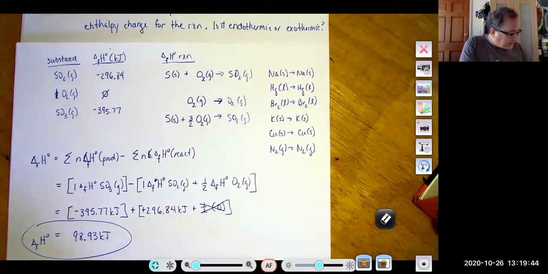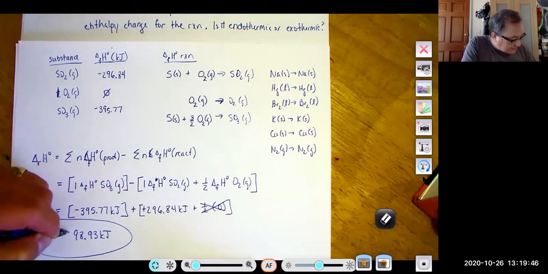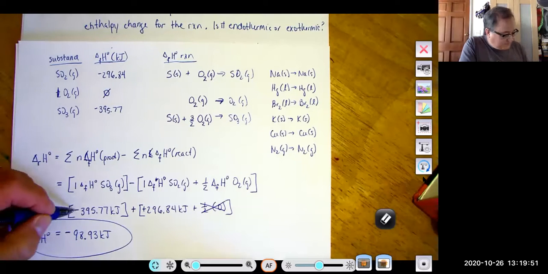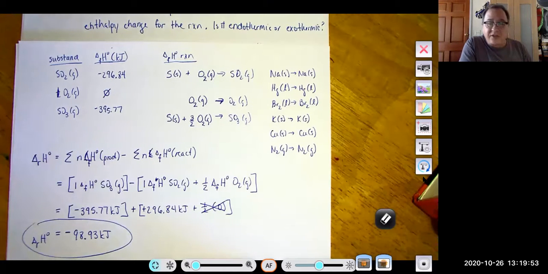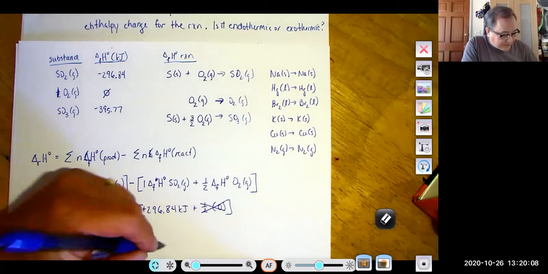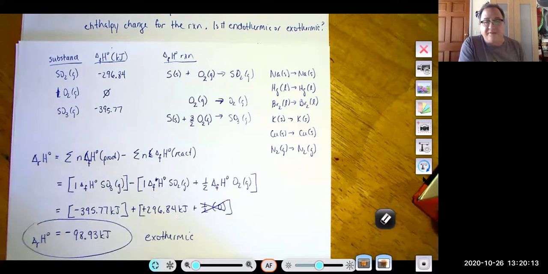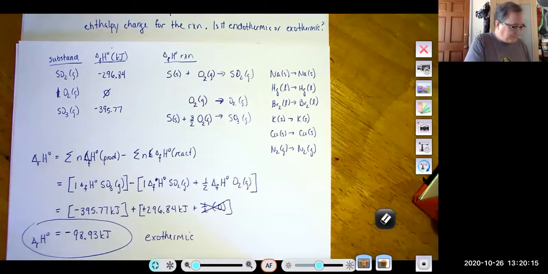And how do we decide this? Oh, and do you see I forgot my minus here? Negative. Endo, go slower. Exo, go faster. Alphabetical order. And the answer is it's exothermic because it's a negative value. Okay?